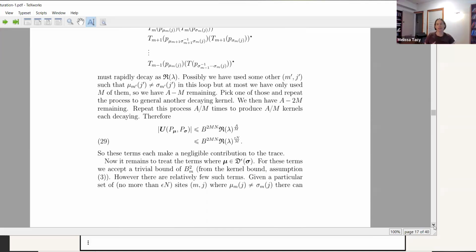For the terms that I cannot ignore, those that are close enough, the permutations are close enough to being the same, I just say, all right, I'm going to take the trivial estimate given by my worst sup bound, but I'm going to count how many things there are. Idea being, of course, if I'm very close to the diagonal, I don't have very many terms. It's very similar to the number of terms that would be right on the diagonal.